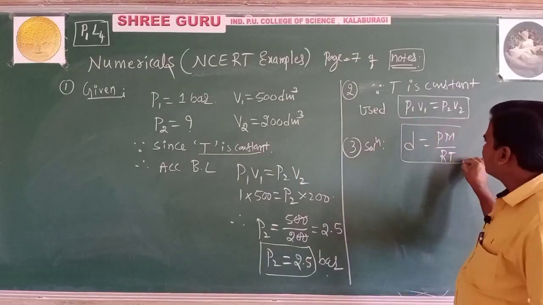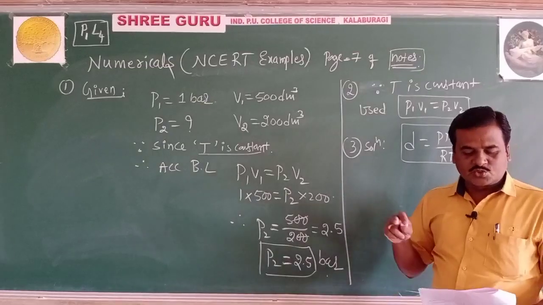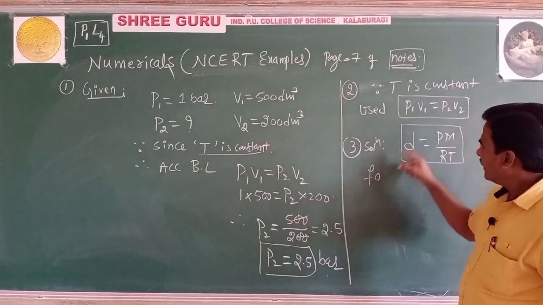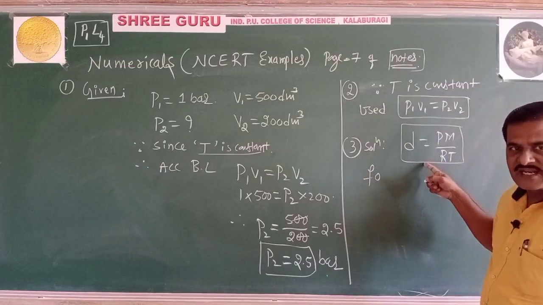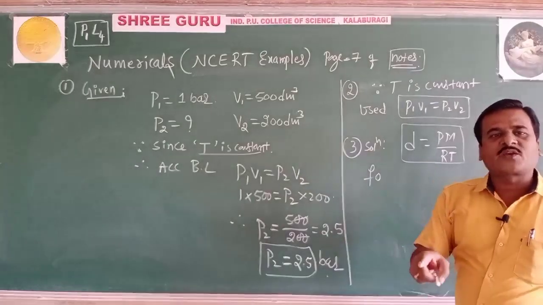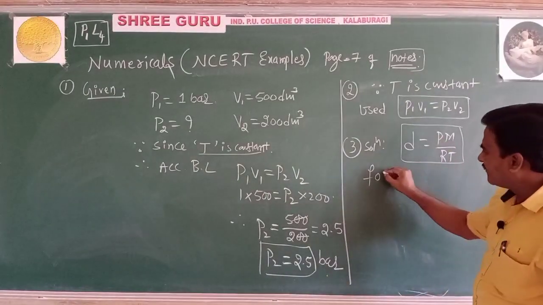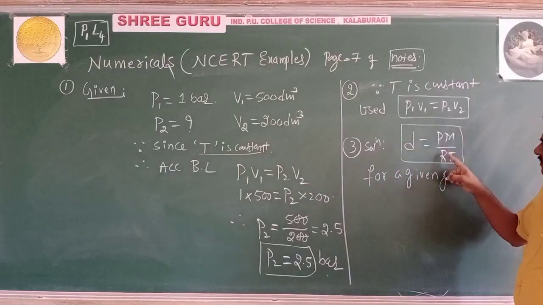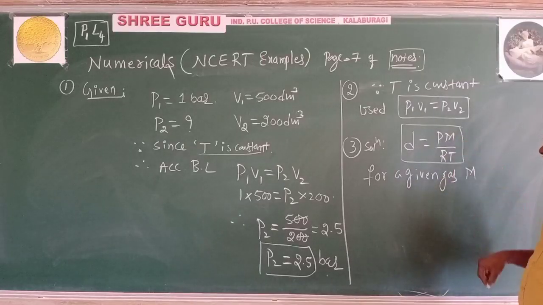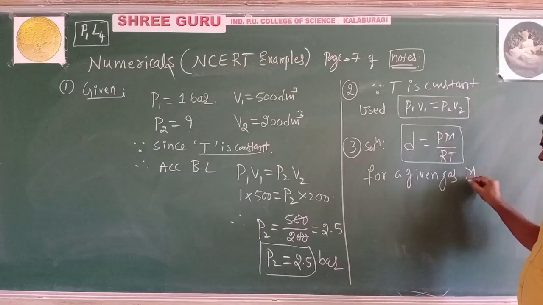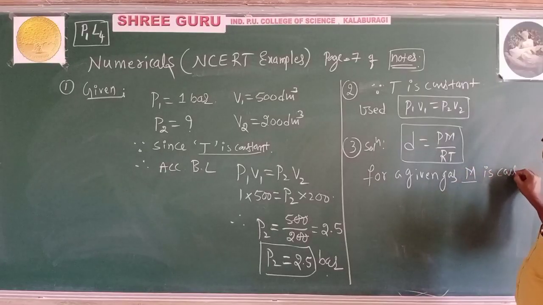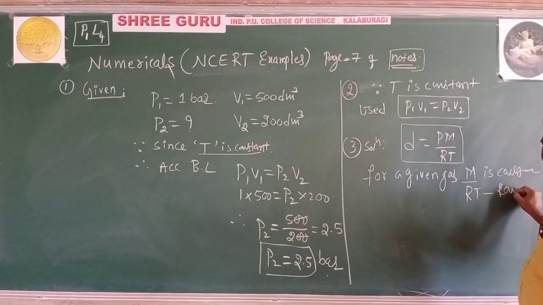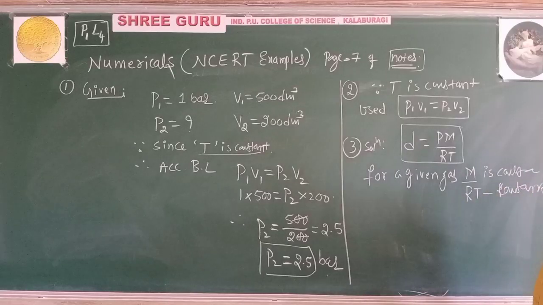For a fixed gas, you are asked to show that D is directly proportional to P. Yesterday it was derived using the ideal gas equation PV equals nRT. For a given gas, M is constant, and R and T are also constant.